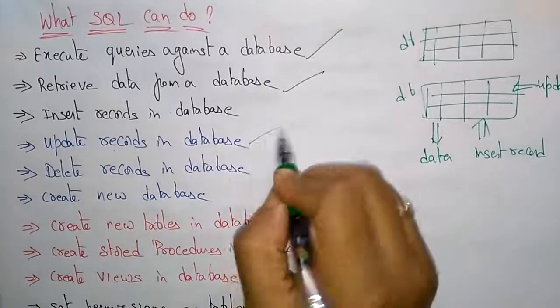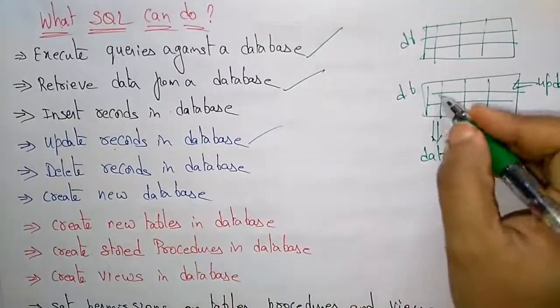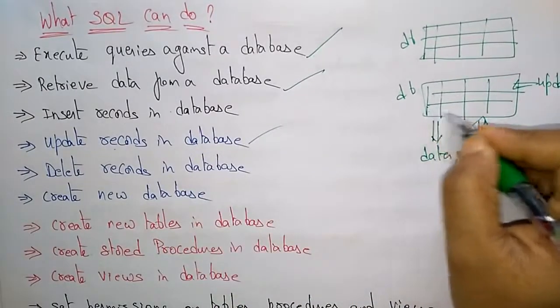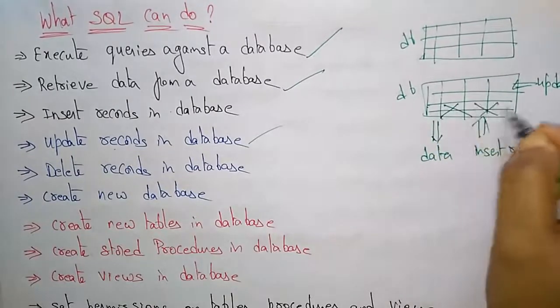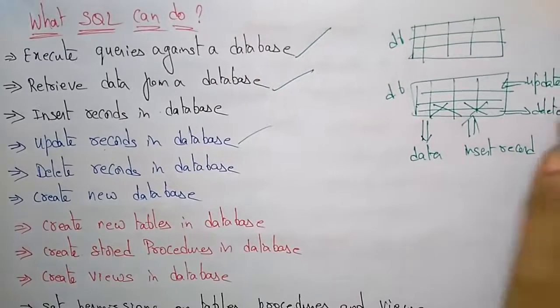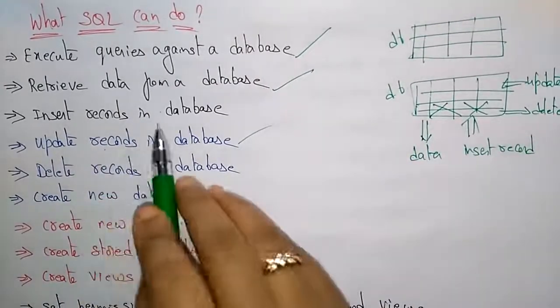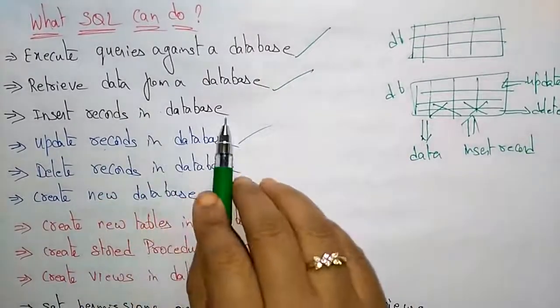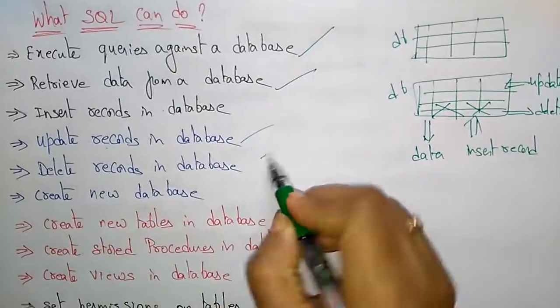And if you want to delete a particular record, you can delete it with the help of this structured query language. So you can update, insert and delete records in a database.